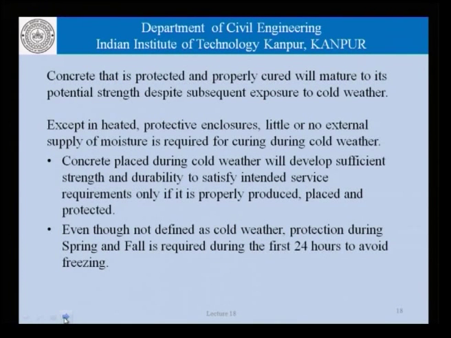Now, concrete that is protected and properly cured will obviously mature to its potential strength despite subsequent exposure to cold weather. So, it is only in the initial stages, the first few hours or maybe a day or two, that special attention needs to be paid to the curing regime, to the temperatures that the concrete is exposed to, and so on.